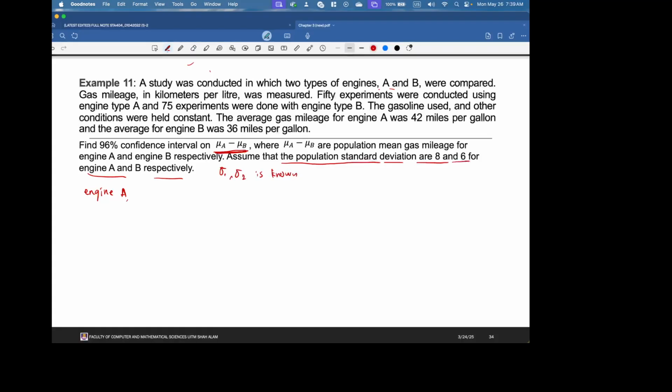Since they are known, we will use the Z distribution to calculate the confidence intervals.